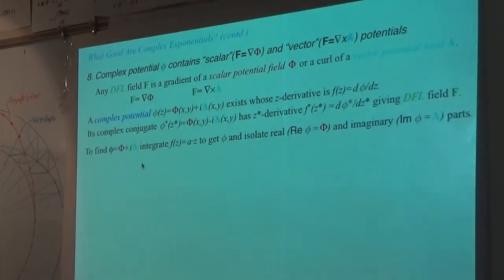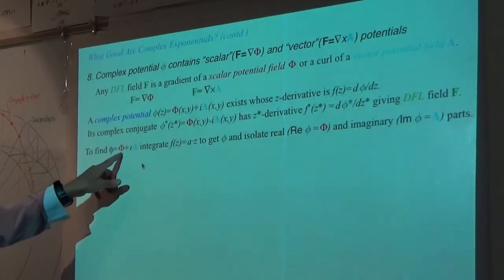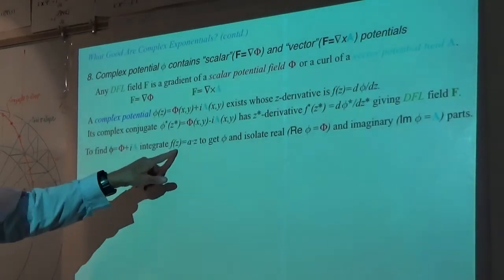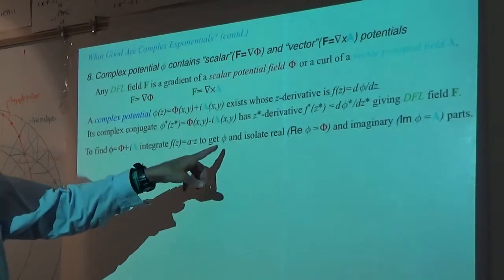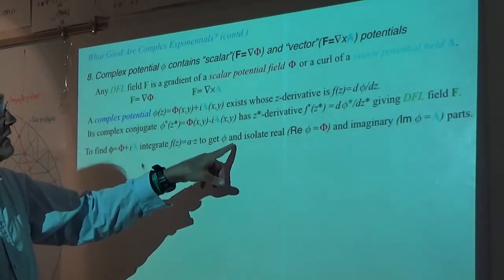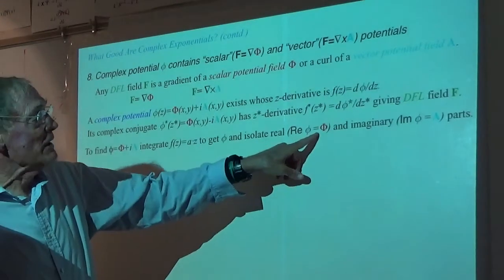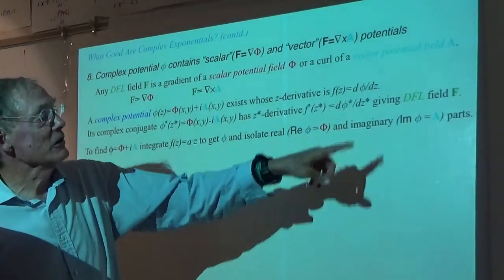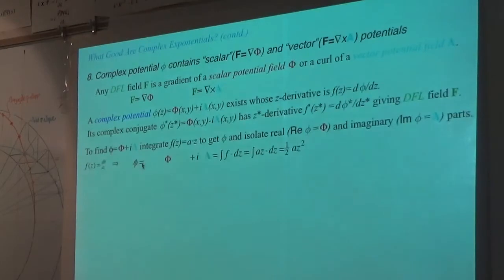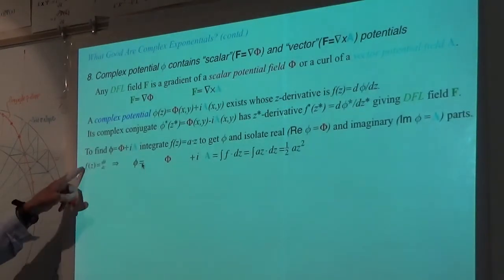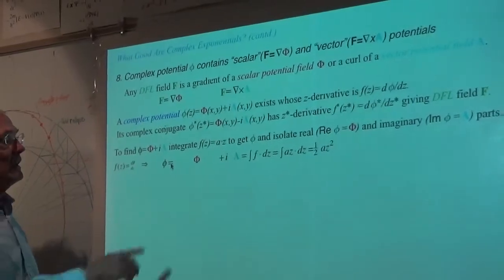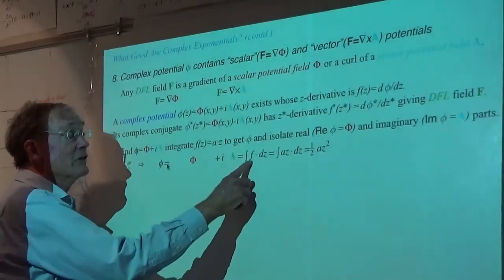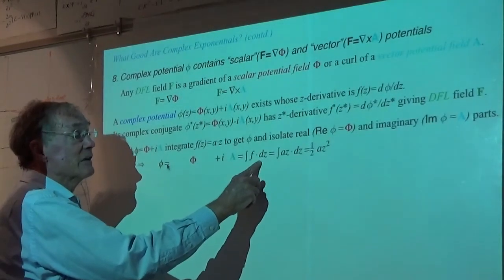So let's take a look at this. To find the phi, you integrate f of z. That will give you a phi, and then you can easily make it into f, phi star. You isolate the real part, that will be the scalar potential, the imaginary part will be the vector. So here's f of z equal d phi dz, which implies phi equals the integral of f dz.